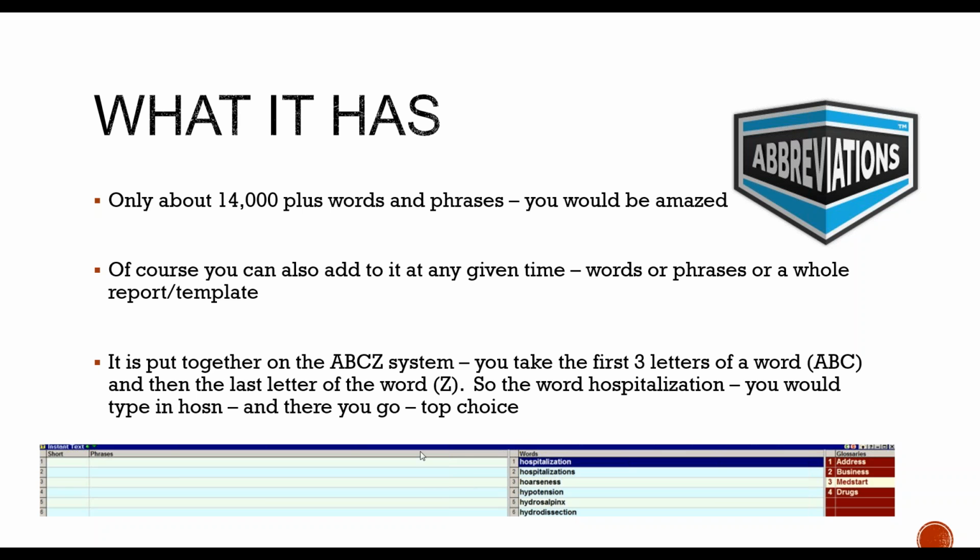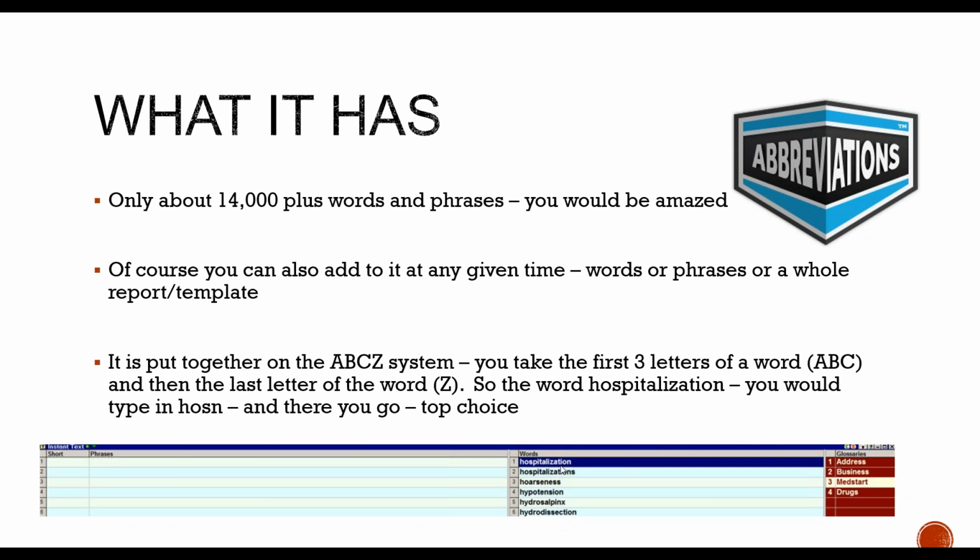The main thing to know about this system, the way they built this one, they use the ABCZ system, which means you take the first 3 letters of a word and then the last letter. So hospitalization, for instance, you would take HOS and then you would put in N. And when you do that, you get all these choices. All of these choices come up.